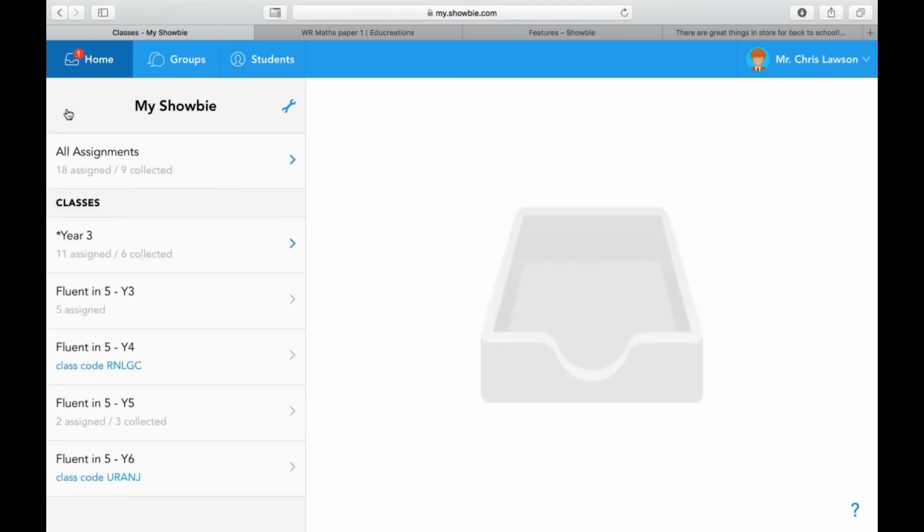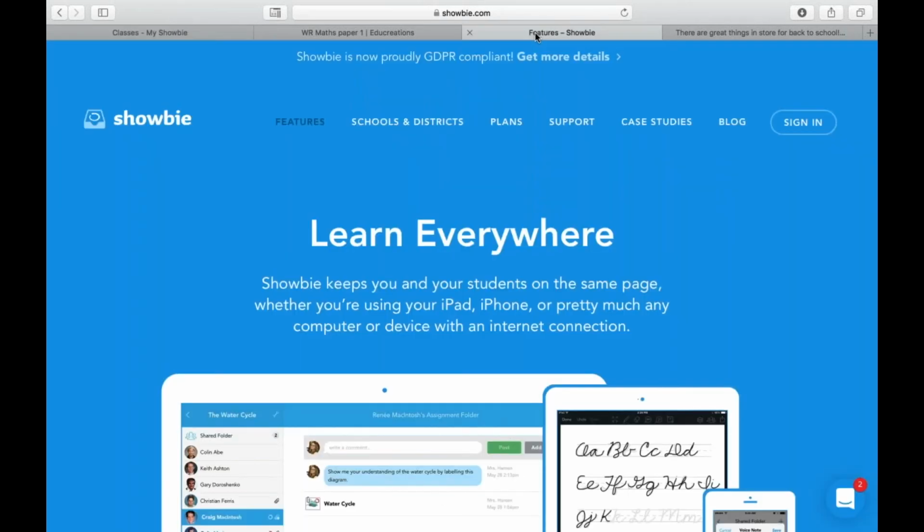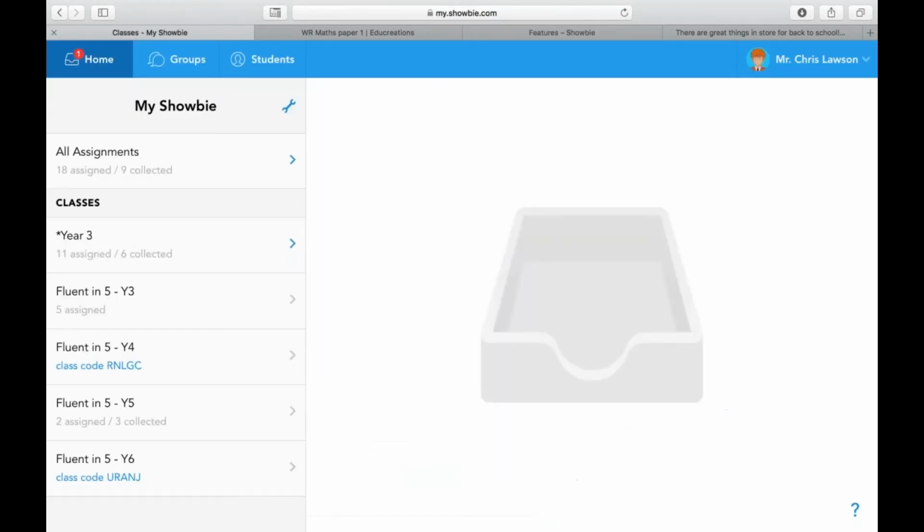In comparison to maybe having an English one and then within it all the different dates. Having said all that, I can't wait to see the new features coming out for Showbie with regards to the folders, and I might look to organise my work slightly differently when that happens. But at the moment, it's working pretty much all right.